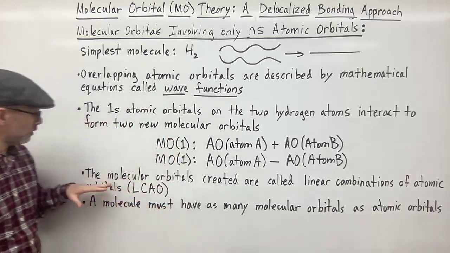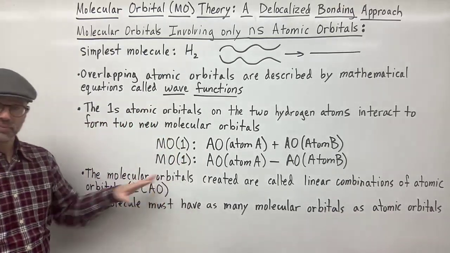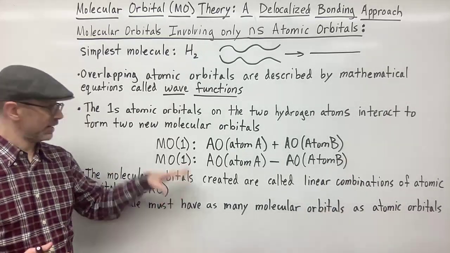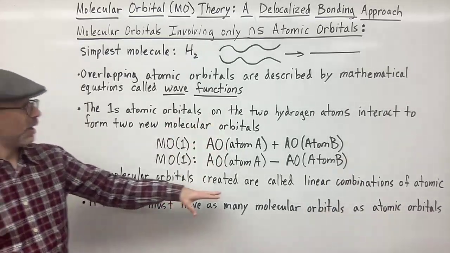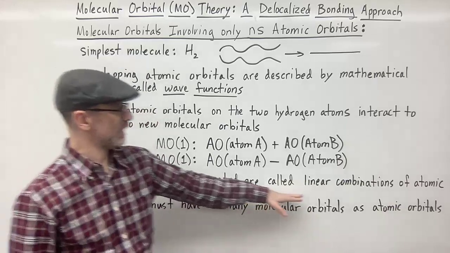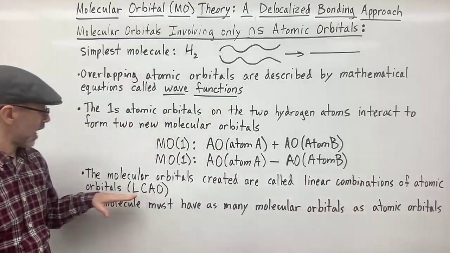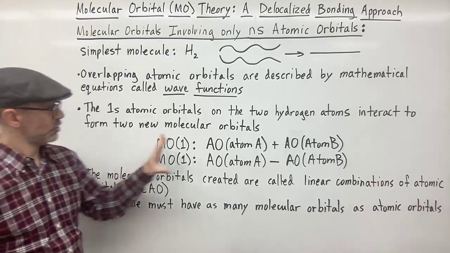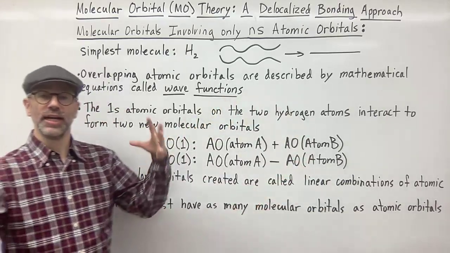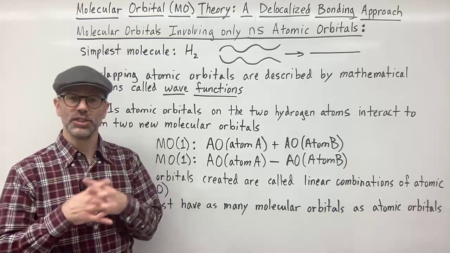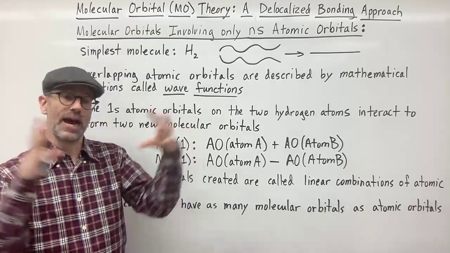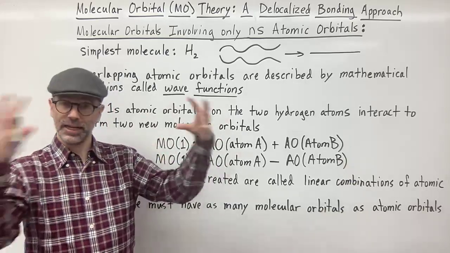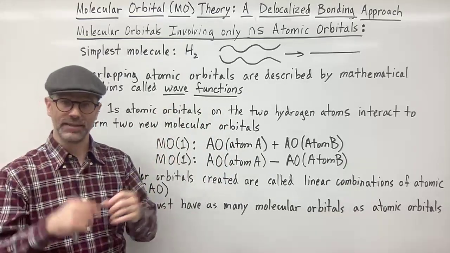Here, the molecular orbitals are created in a way that is called the linear combination of atomic orbitals, or LCAO. This is where you're getting either constructive or destructive interference. You're either adding waves together, or you're subtracting them.